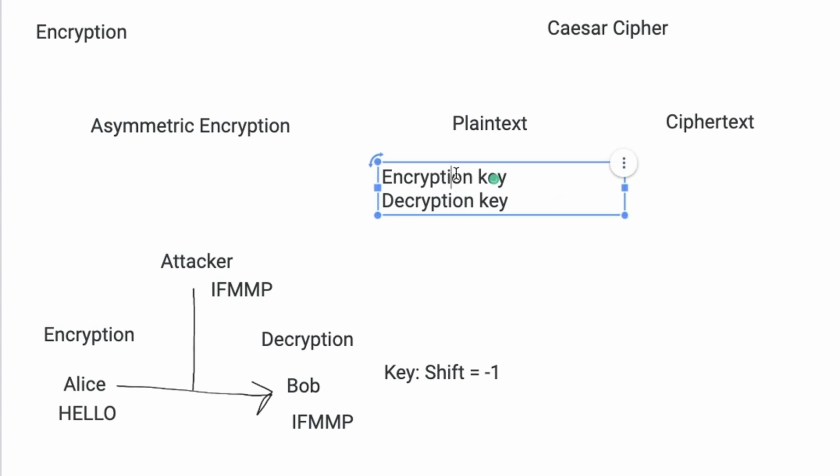And this key, realistically, can be known to everybody. As long as the two keys aren't associated, this encryption key could be known by everyone, including the attacker. So in cryptography, we tend to call this key the public key. And the opposite of public is private, so the decryption key is kept private.